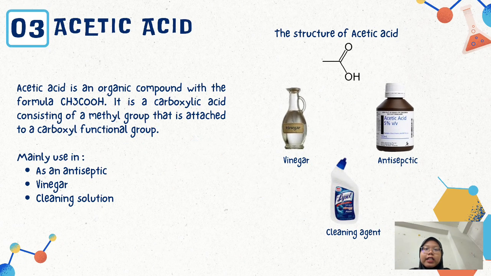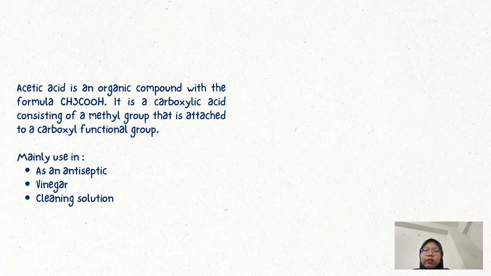Lastly, acetic acid is an organic compound with the formula CH3COOH. It is a carboxylic acid consisting of a methyl group attached to the carboxyl functional group. It's mainly used in the medicine field as an antiseptic, secondly as vinegar, and lastly as a cleaning solution.